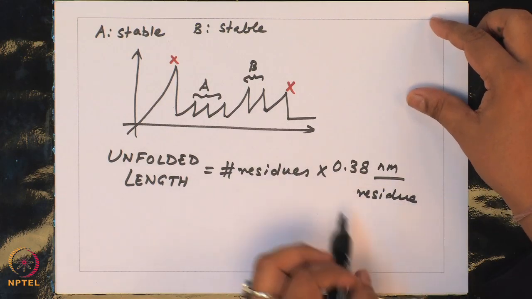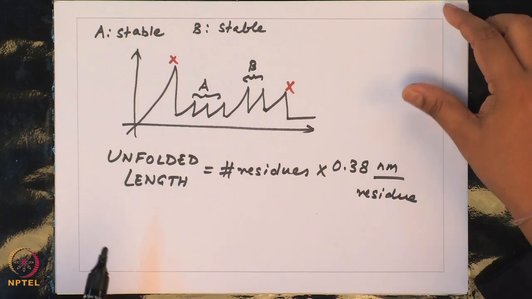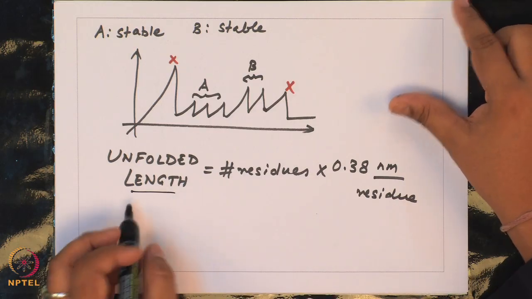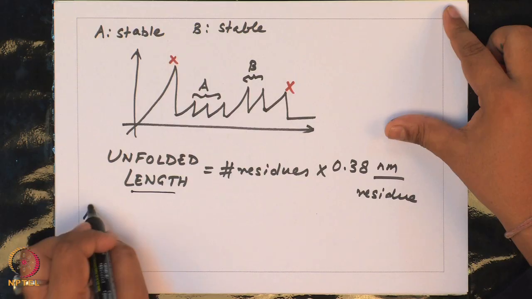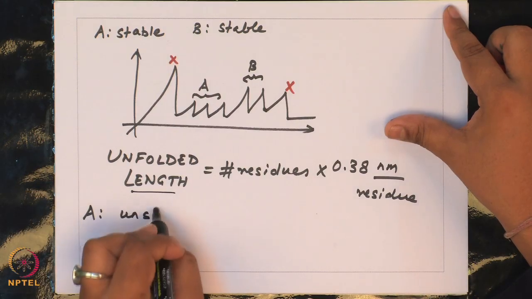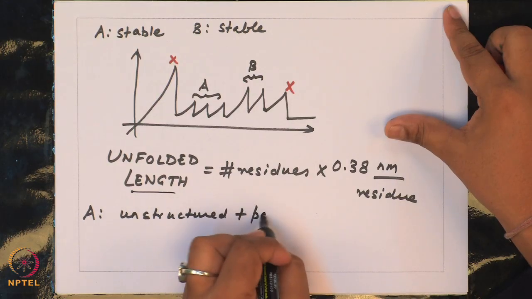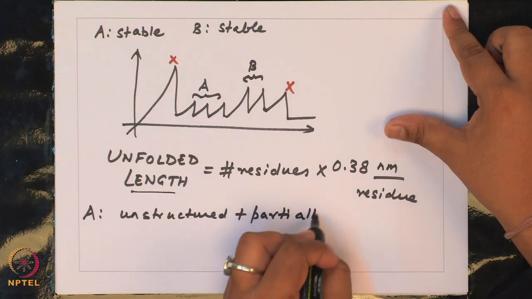This is the rough length of one amino acid. So, you know the unfolded length, and this formula can also be used for the case where A is unstructured plus partially folded.